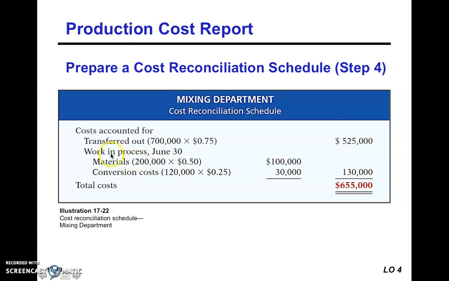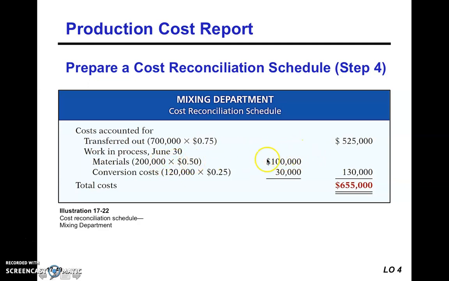Now, ending work in process, you always need to divide it into two sections. How much was the material cost? How much was the conversion cost? Remember, the equivalent units for material were 200,000 units. The equivalent units for conversion were 120,000 units. So we're going to multiply the equivalent units for material times the 50 cents cost of material.